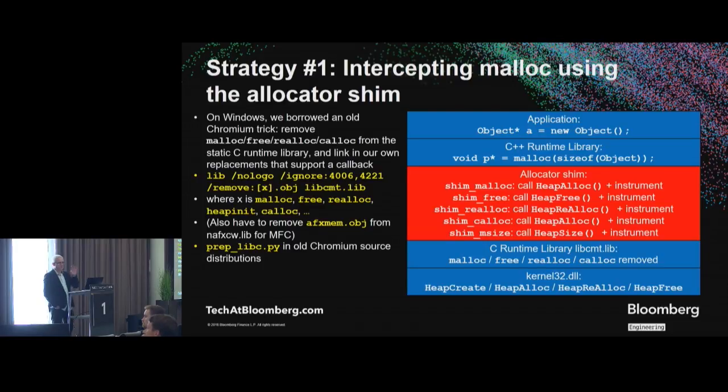And because the original malloc, free and so on were very, very thin wrappers onto HeapAlloc, HeapReAlloc and HeapFree down in kernel32, this is a very easy and safe thing to do.